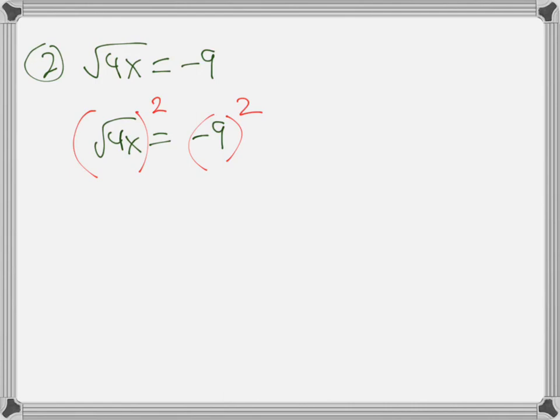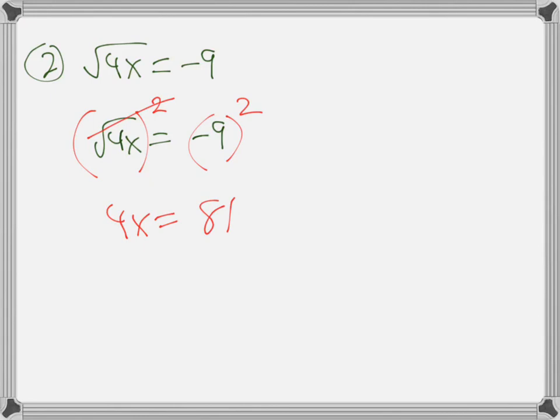These cancel, right? So this is 4x. What's the other side? 81. Yeah, positive, huh? Because -9 times -9.